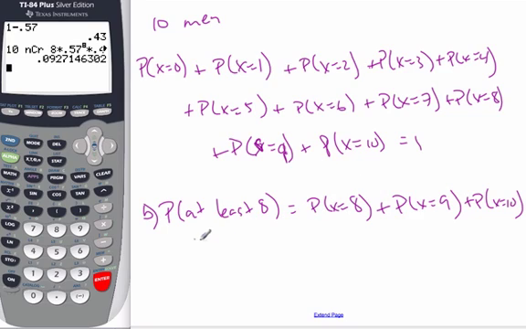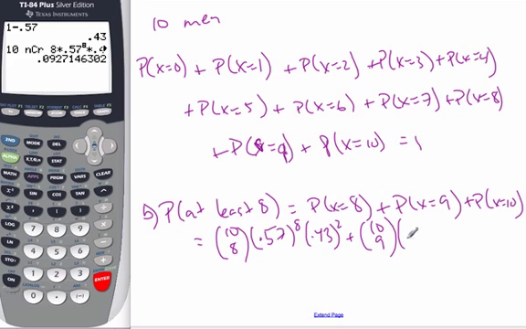Each one of these, I use my calculator, and I go 10 choose 8, 0.57 to the power of 8, 0.43 to the power of 2, which we just did up in A part. I could also go 10 choose 9, 0.57 successes.